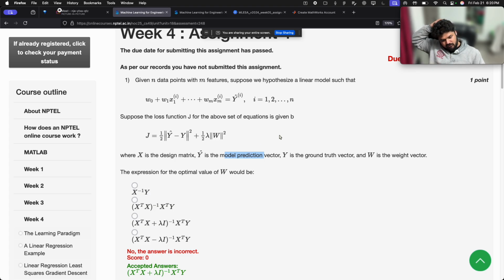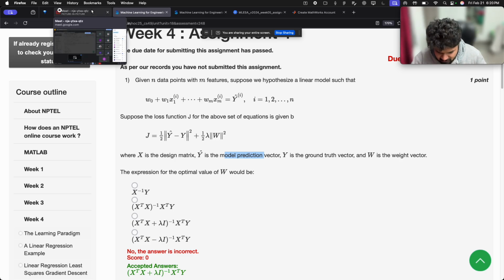The expression for the optimal value of W will be... it looks confusing, it should not be confusing. No, lambda is a regularization parameter, it's not an eigenvalue, it's just a regularization parameter, it's given, right? Had it been an eigenvalue, it would have been given to you.